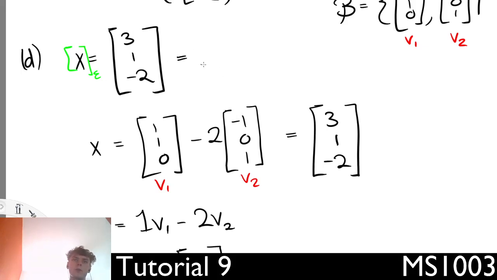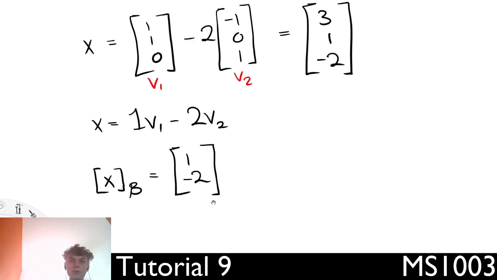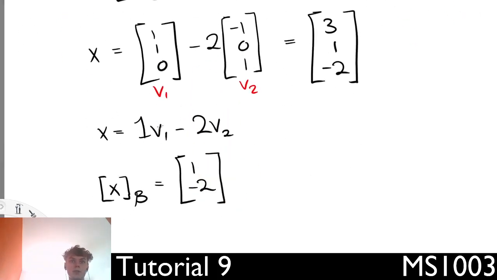The reason it looks like 3, 1, minus 2 is because it's 3 times e1 plus 1 times e2 minus 2 times e3. We build the vector out of how many of each e1, e2, and e3 we need to make it. So down here, if we choose a different basis of v1 and v2, we might as well represent the vector as how many of each v1 and v2 we need. And so that's why the answer is what it is.